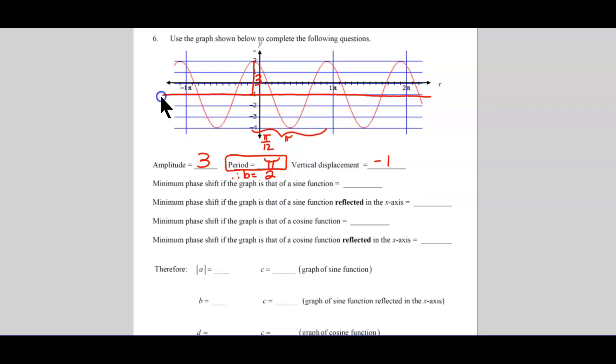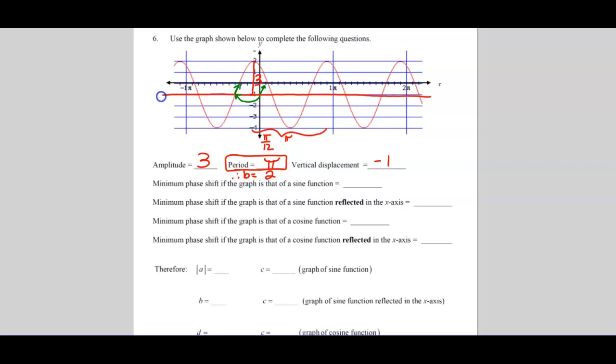So here, if there was no horizontal translation, it would be going up and to the right from the midline and the y-axis. Okay? Well, where's the closest that it's going up and to the right on our new graph? To the left. That's closer than over here. Right? So these are going up and to the right.